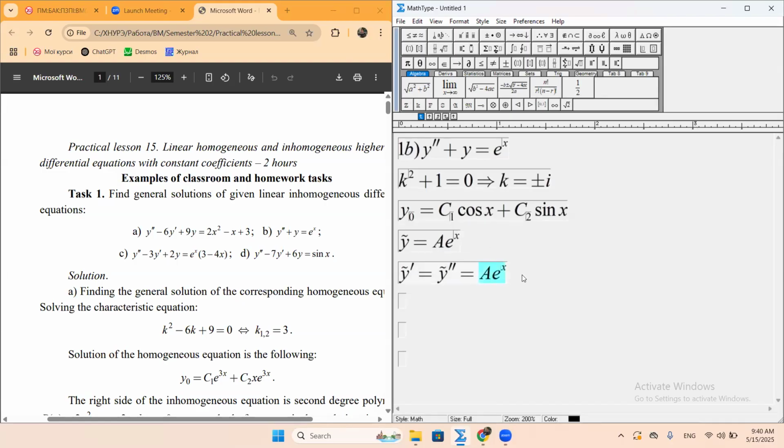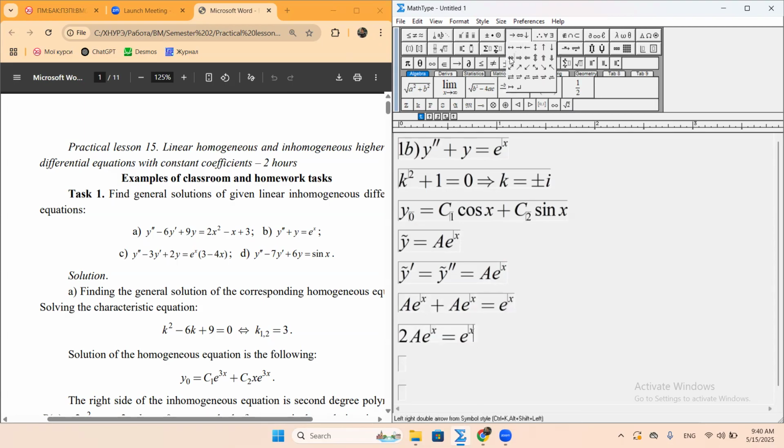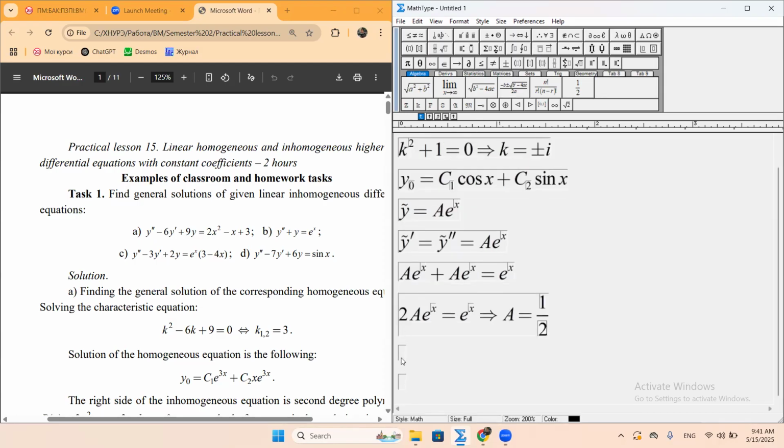So let us substitute it into the initial equation. We have a e to the power of x plus a e to the power of x equals e to the power of x. So 2a e to the power of x equals e to the power of x. And here we can find that a equals 1 over 2 easily.